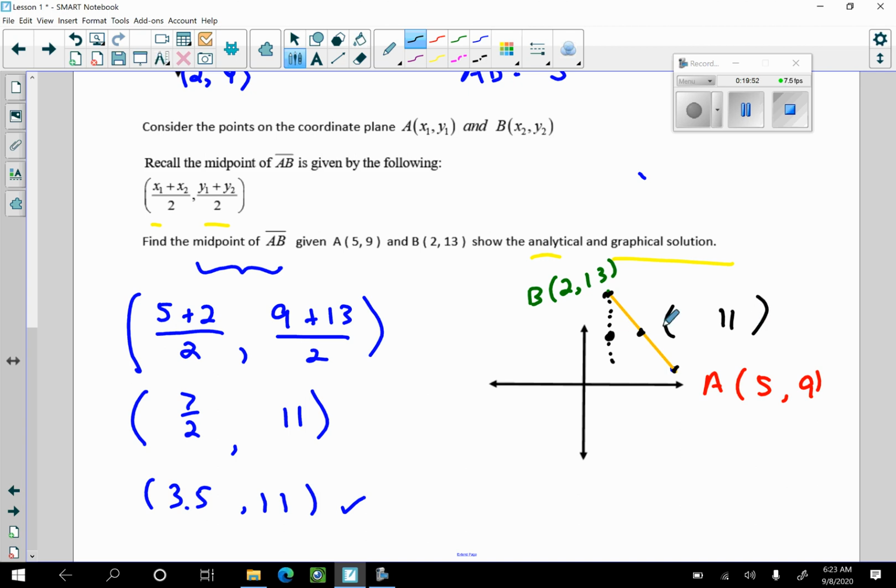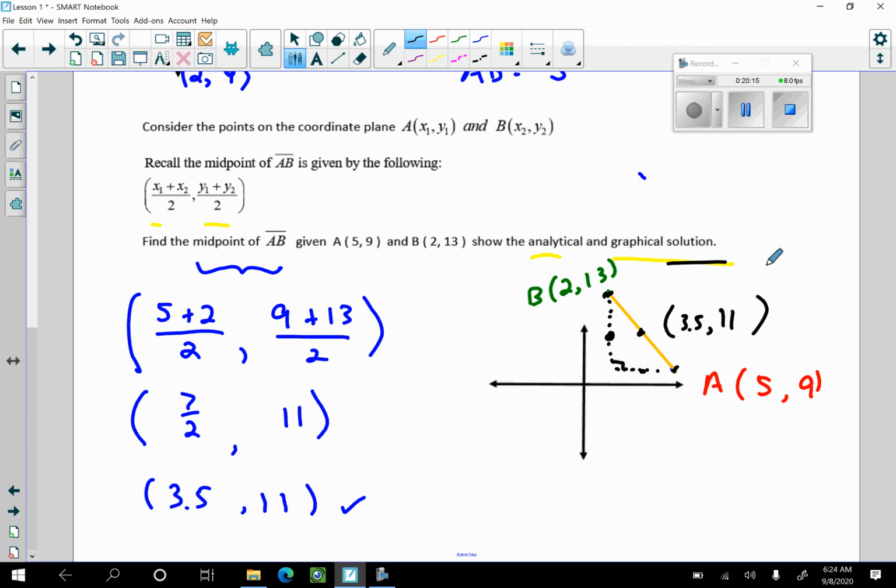And what's the midpoint between 2 and 5? Oh, that is 3.5. So this is simply a graphical representation of that, not a graphical solution. More of just a graphical representation of the midpoint.